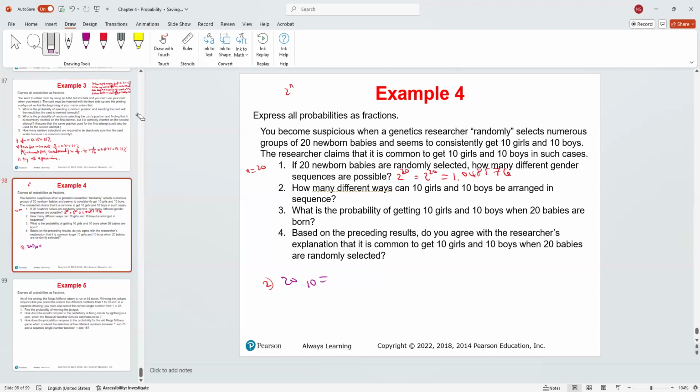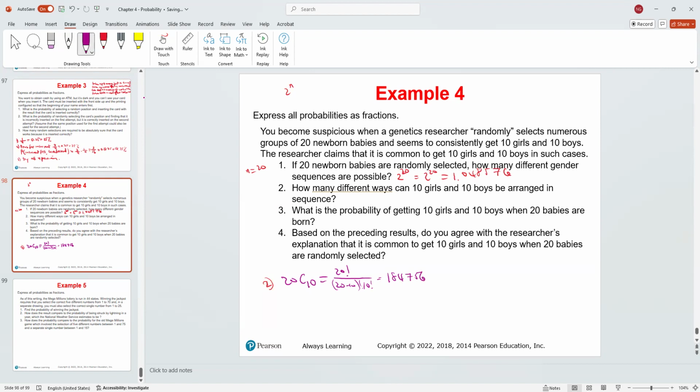The order doesn't matter. It's combinations, 20 C 10. Manually, it would be 20 factorial over 10 factorial times 10 factorial. When you do that, the answer would be 184,756.